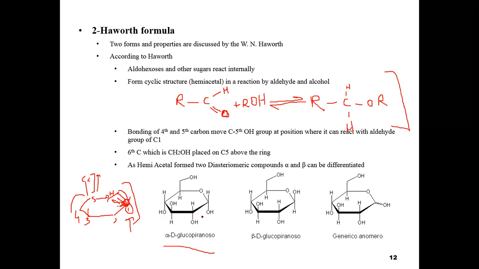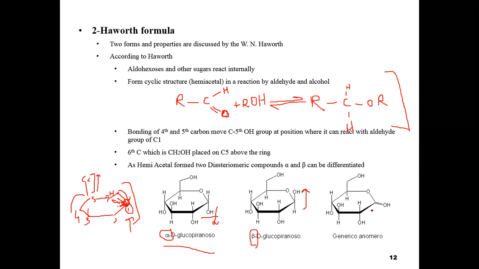According to the Haworth projection, if the hydroxyl group is lying on the lower side of the structure, this will be the alpha form. And if this hydroxyl group is present on the upper side of the structure, this will be the beta form of the molecule.